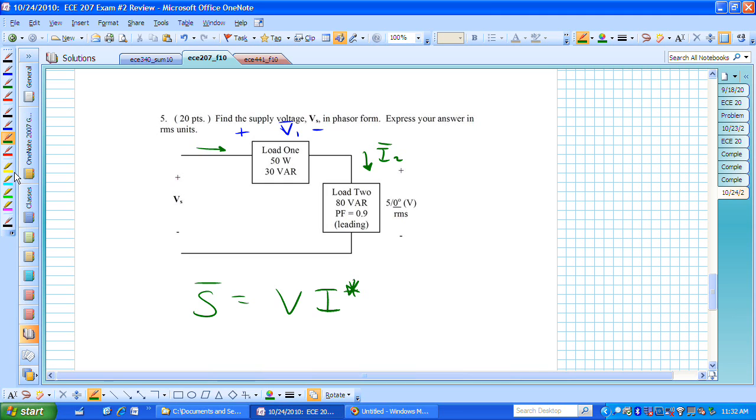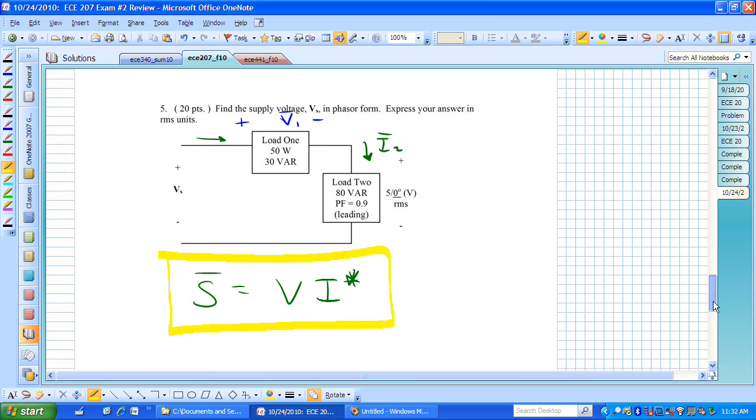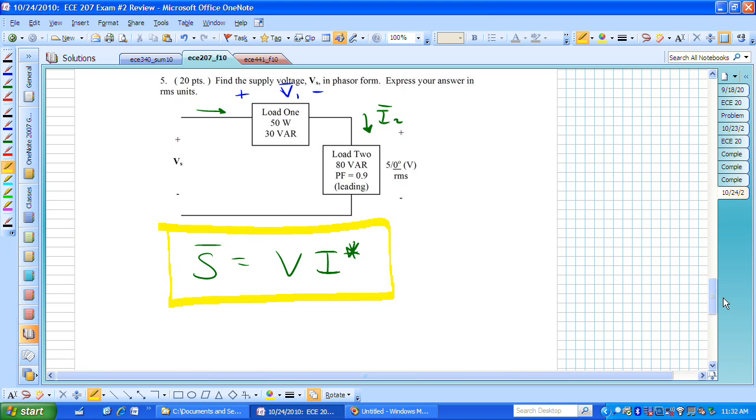We'll use this relationship a couple of times: for load 2 first, to solve for I sub 2 bar, and then we'll use I sub 2 to find V sub 1 in load number 1.